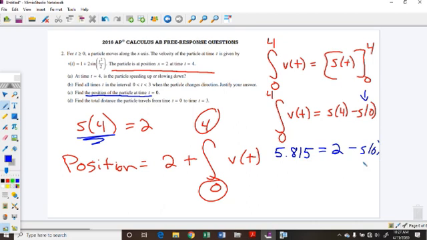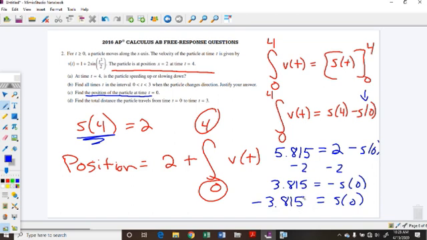And now if you solve this for s of 0, you subtract 2 from both sides, and you have 3.815 equals negative s of 0. So now we find out that s of 0 is negative 3.815. All right? And that is the correct answer.